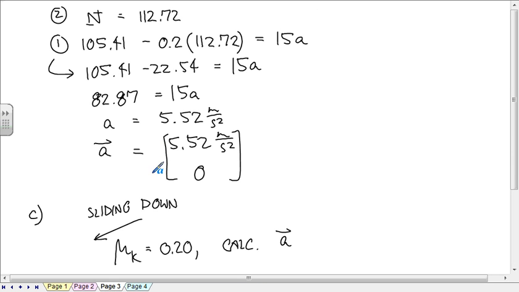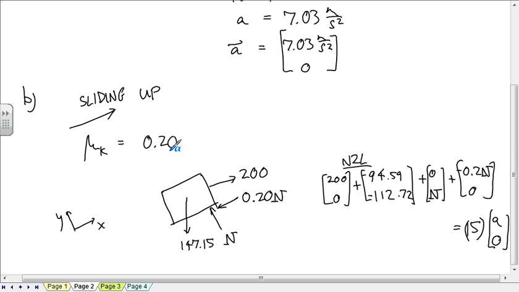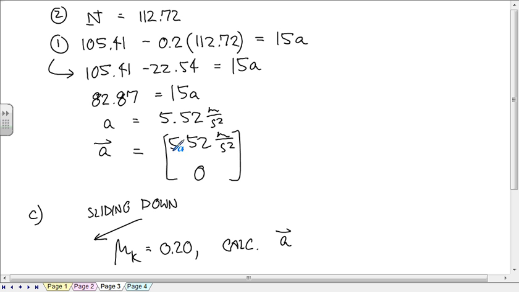When it was sliding up the ramp, so friction was down the ramp, the acceleration was still positive, but it was smaller than when there was no friction, okay? That's because the friction force was acting in the opposite direction of that big 200 Newton force.